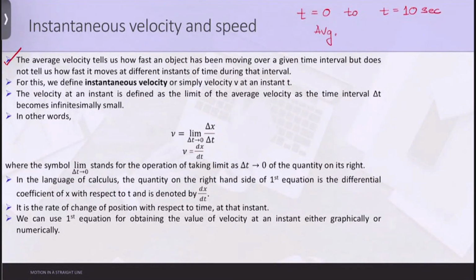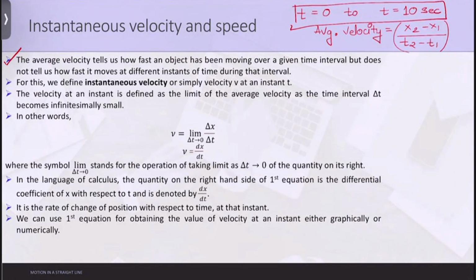How can we calculate the average velocity? Average velocity is equal to final displacement minus initial displacement upon T2 minus T1. Let us say we have some displacement at t is equal to 10, some displacement at t is equal to 0, and the denominator will be 10 minus 0. That will tell you the velocity with which the object is moving over the complete time interval.